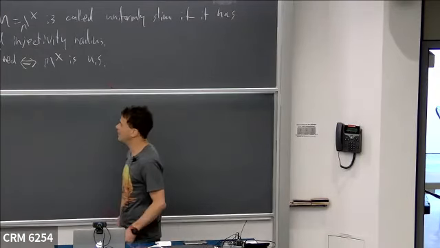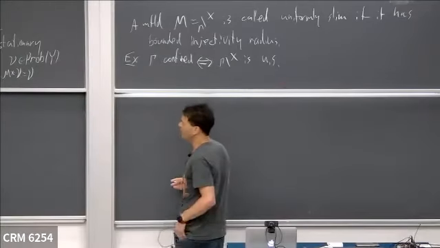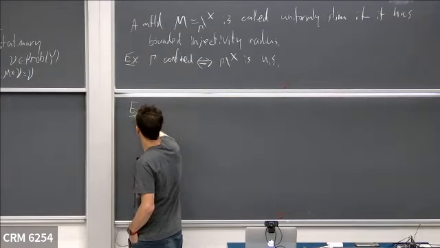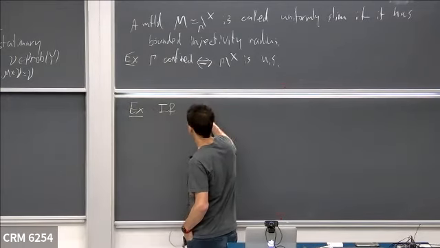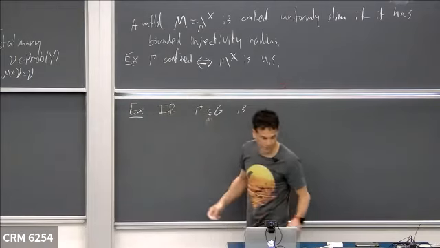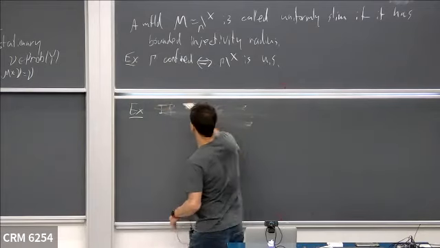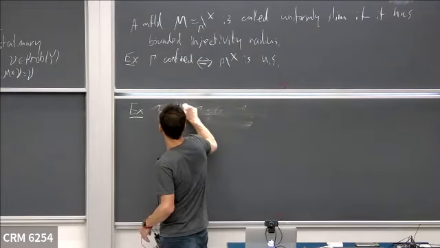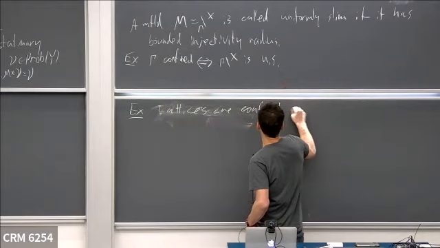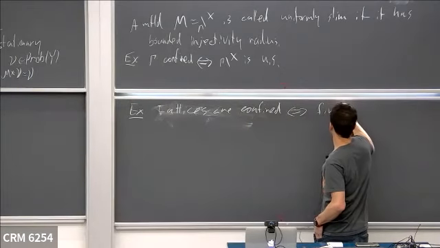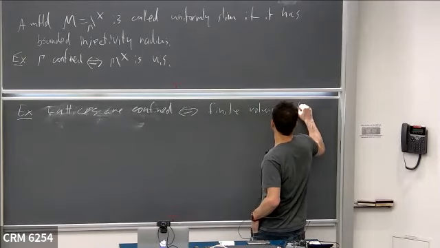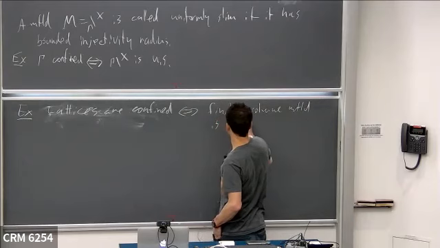Here's another exercise. If gamma is a lattice, lattices are confined. Equivalently, a finite volume manifold is uniformly thin.